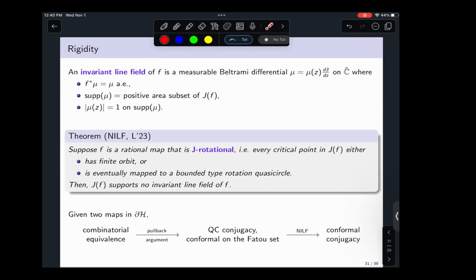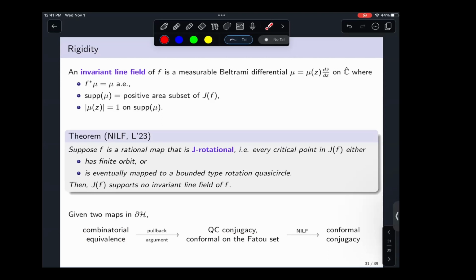And again, I keep pulling back infinitely many times, and in the limit, I get a QC map that is now a conjugacy everywhere. Okay, so that's how it works. And then by design as well, I can make sure that this is also conformal on the Fatou set. This is because on the Fatou set, the dynamics is just governed by the basins of attraction of 0 and infinity. I have the Böttcher conjugacy. This can be arranged quite easily.